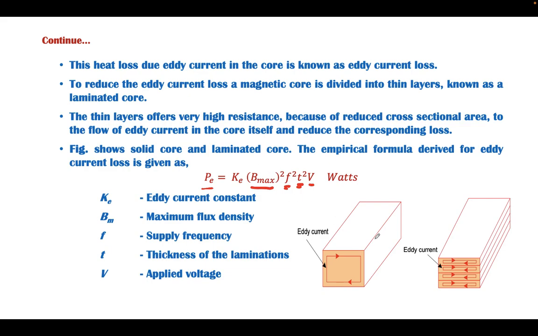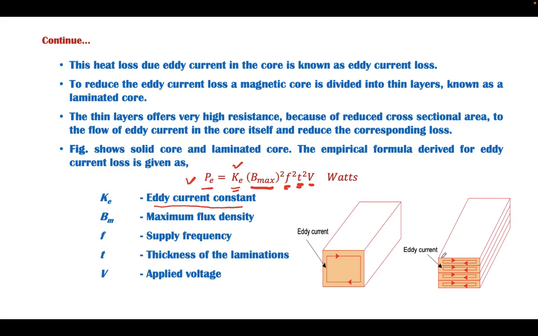When this experiment was performed repeatedly, many times, we finally concluded that there is a relationship between these parameters considering some constant, and this constant is known as the eddy current constant. The eddy current loss is found to vary with the square of the maximum flux density, the square of the supply frequency, and the square of the thickness of the core.